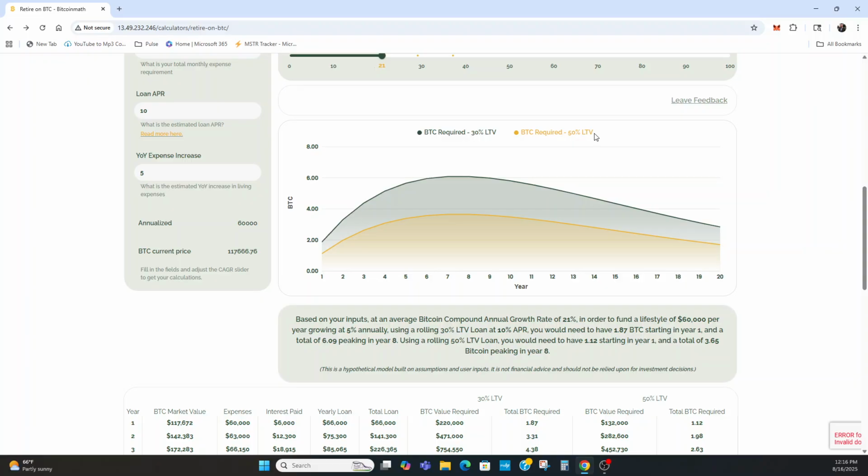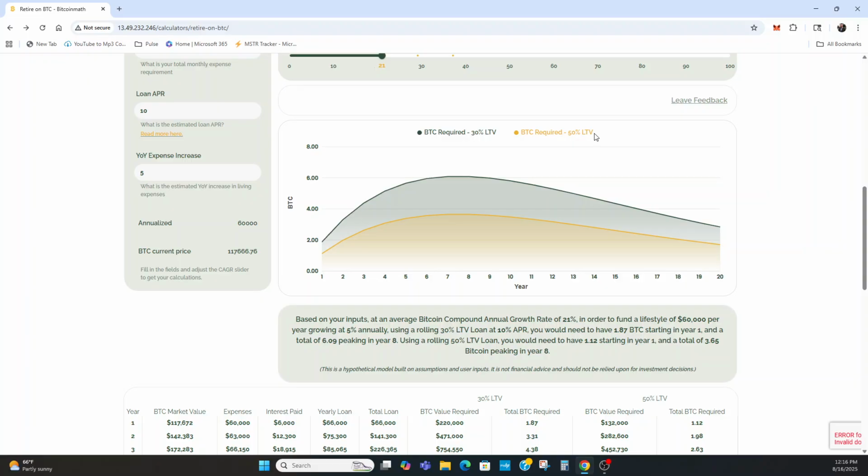This is important because if you want a lower risk profile, a 30% LTV is lower risk, because your loan to value ratio is lower relative to the ultimate liquidation thresholds of, say, 70%, 80%, 90%, whatever they are. The more you over-collateralize, meaning the lower your loan to value ratio, the less risk of being liquidated. But that's also going to require more Bitcoin.